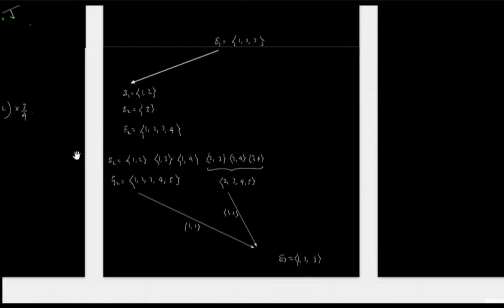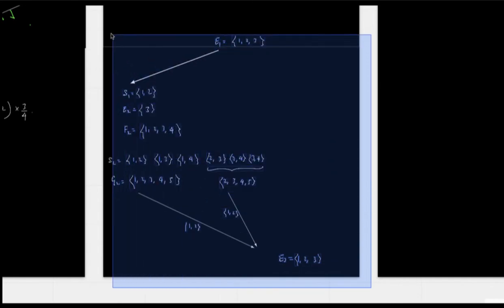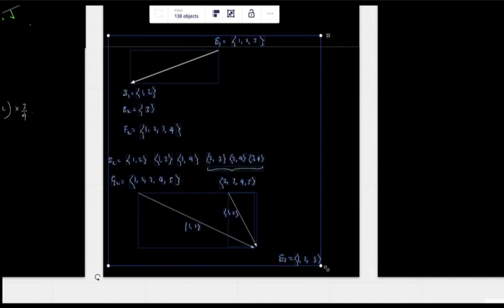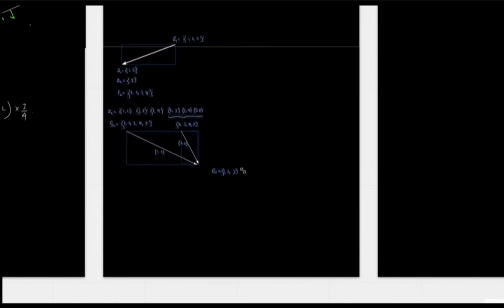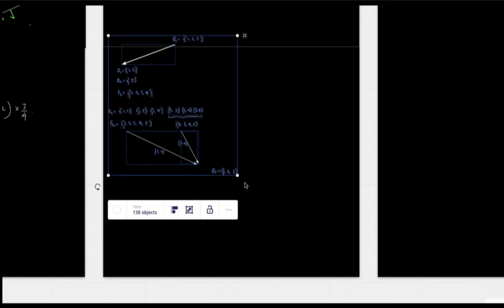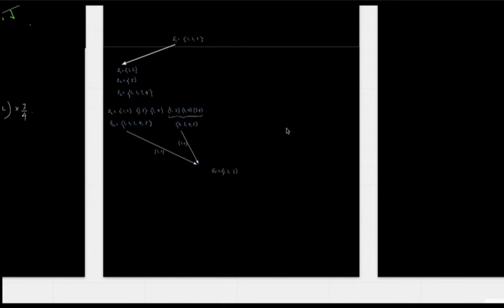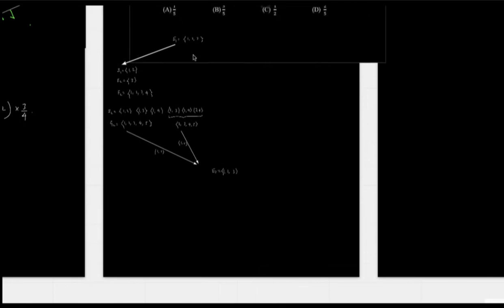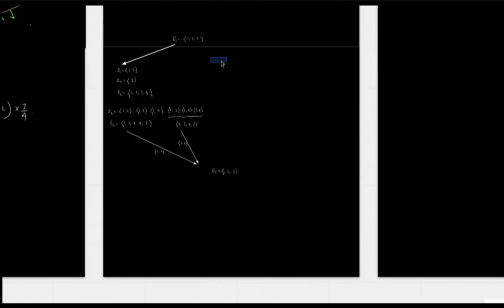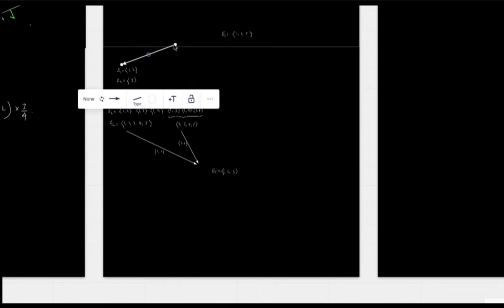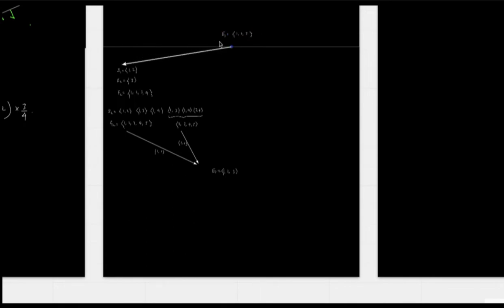Let me recall this. This is one of the cases of E1 that we have chosen over here. Check this. So this is the case over here. Okay, so we'll select this E1.